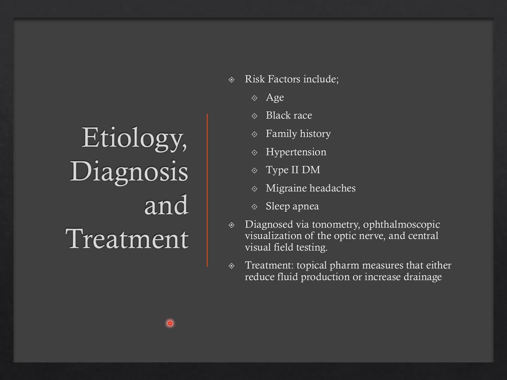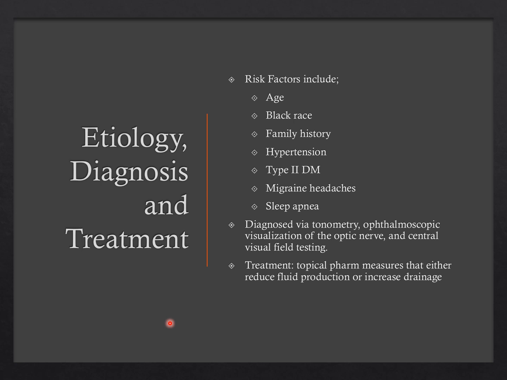So it's usually diagnosed through a procedure called tonometry, where we measure the pressures within the eye. We can also do ophthalmoscopic visualization of the optic nerve. So using an ophthalmoscope to look through the pupils at the back of the eye, we can visualize the optic nerve to get an overall sense of its health and to look for any changes that might indicate neurodegeneration caused by that increased pressure.